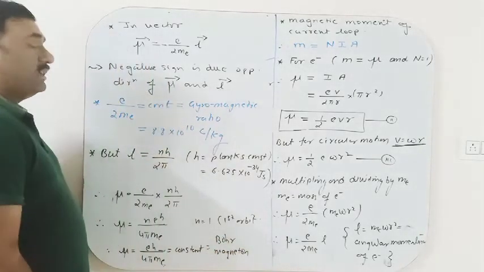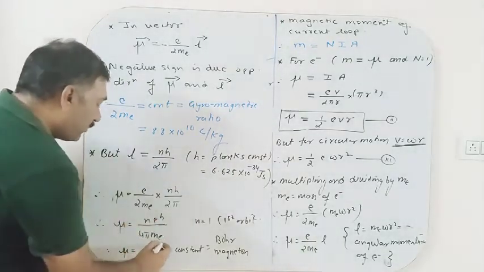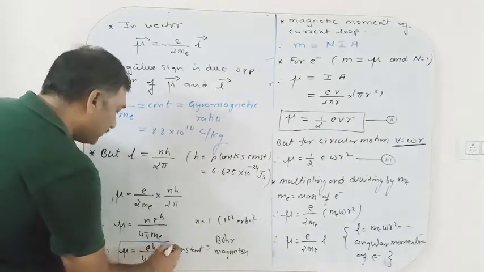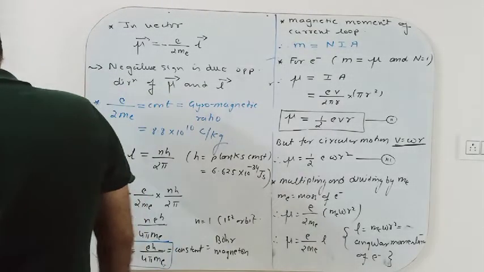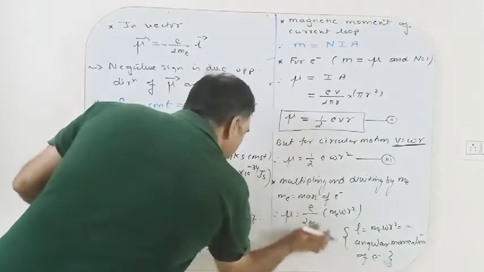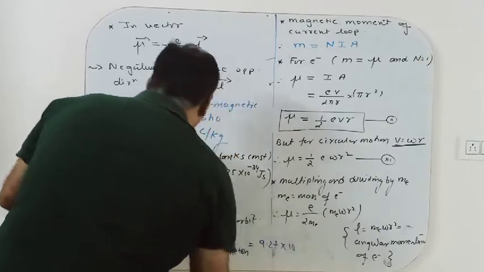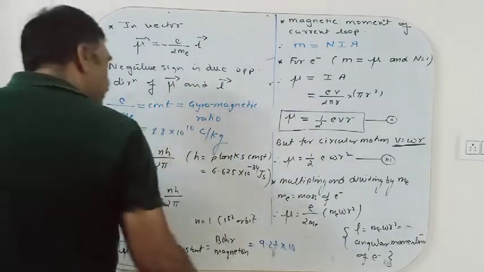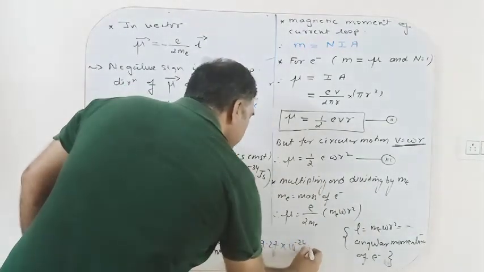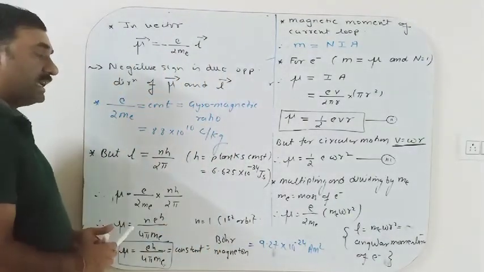The value of the Bohr magneton is given in the textbook as 9.27 into 10 raised to power minus 24 ampere into meter square, because the unit of magnetic moment is ampere meter square.